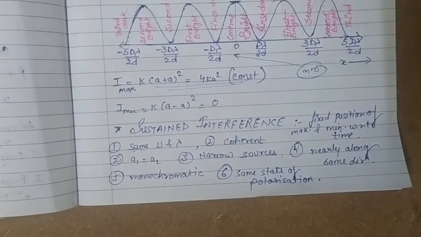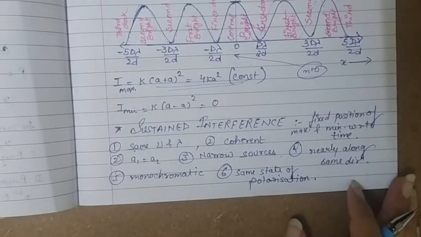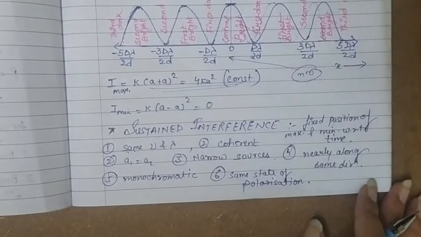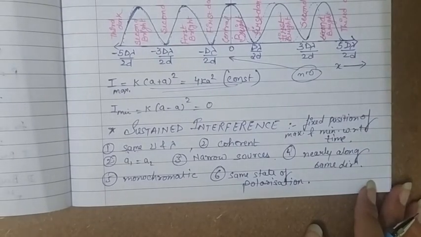So to get sustained interference, these are certain conditions that we have to keep in mind. Only then can we get sustained interference during the experiment.